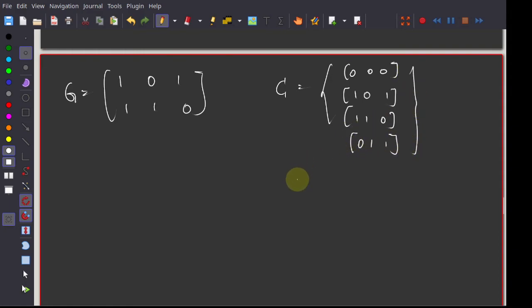So this is the entire code book. For this code, can you give me a parity check matrix? What will be the dimension of the parity check matrix? How many rows, how many columns?